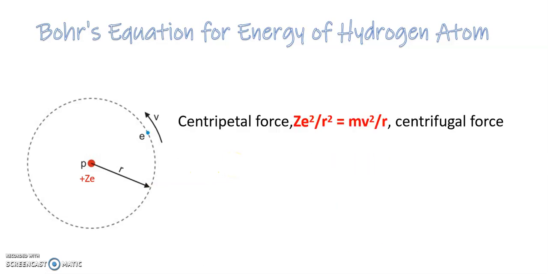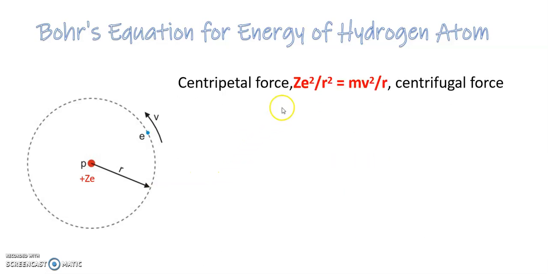According to the laws of classical mechanics, the centripetal force acting on the electron, given by Ze into e by r square, that is Ze square by r square, tends to pull the electron towards the nucleus, but the centrifugal force acting on the electron, given by mv square by r, tends to take it away from the orbit.